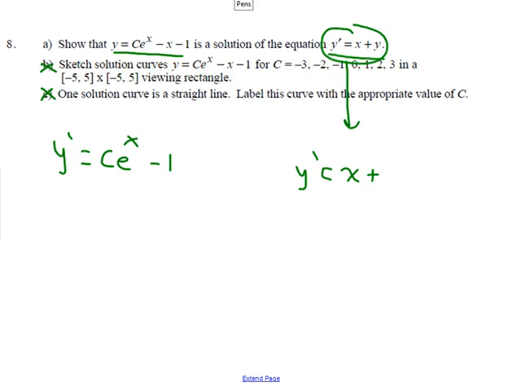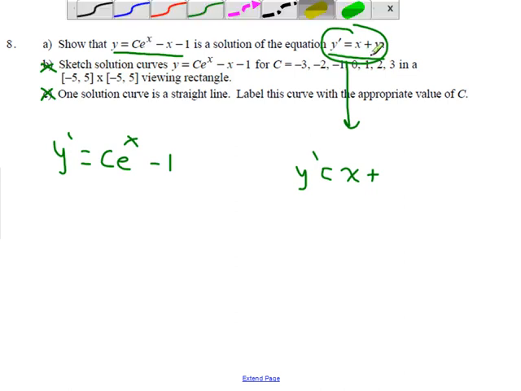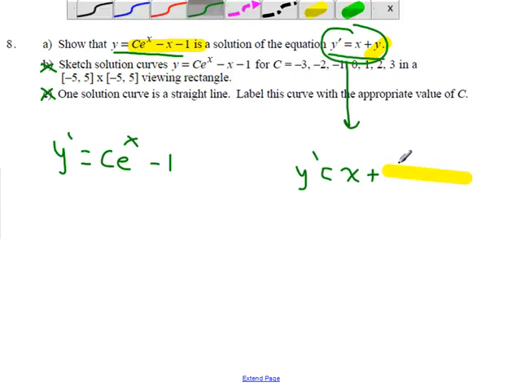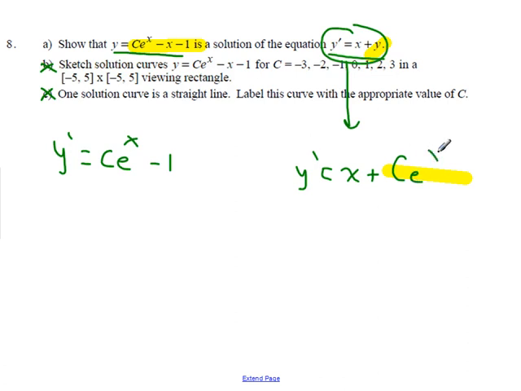Well, we know that y equals the following. So let's put that in for y. So we have c e to the x minus 1. And so these are going to go away. And we get that y prime equals c e to the x minus 1.